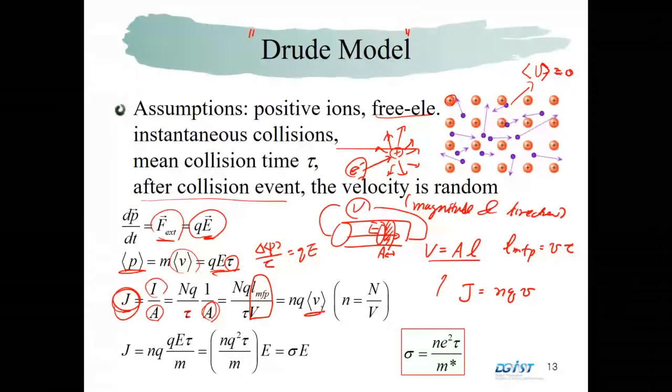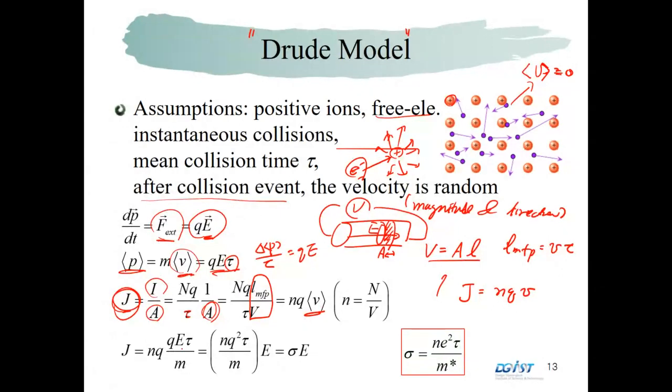And then v we can obtain here: v is QE tau over M, right? So we can rewrite it as nQ squared tau over M times the E field, and this term is the conductivity. In this simple Drude model, we can obtain the conductivity of metals in this form.